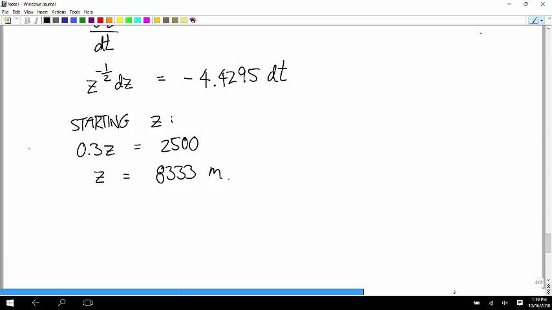If this is the way that this is supposed to be done, then you do the integration. That's your starting value of z. And you can also get the final value of z that way. So 0.3 z is equal to 900 kilograms. And so this would be like z1 is 8333, z2 would be 3000.